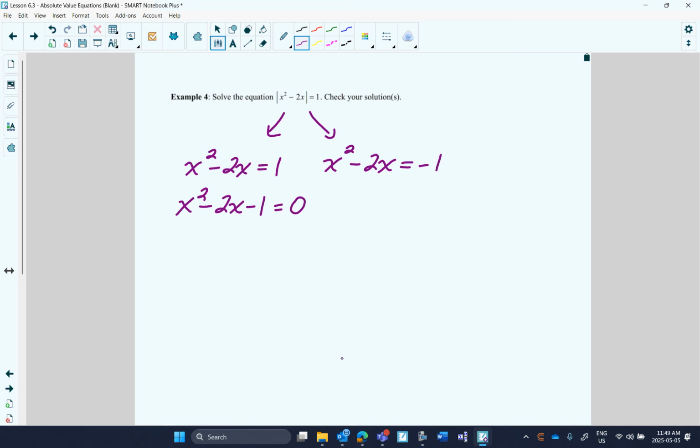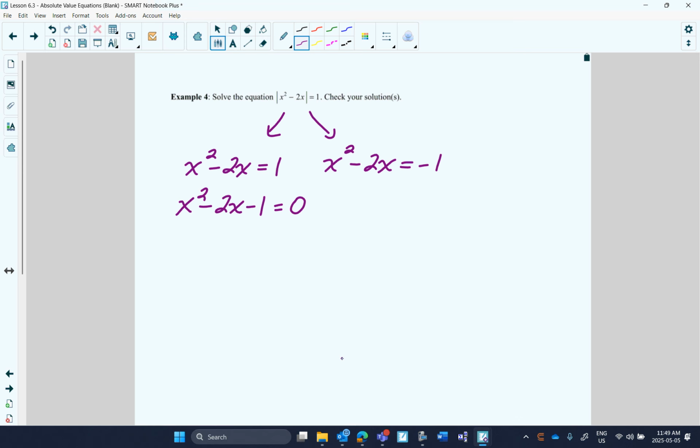Anybody got the factor form? Can you factor it?